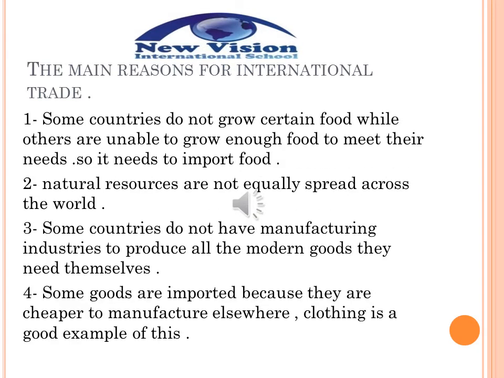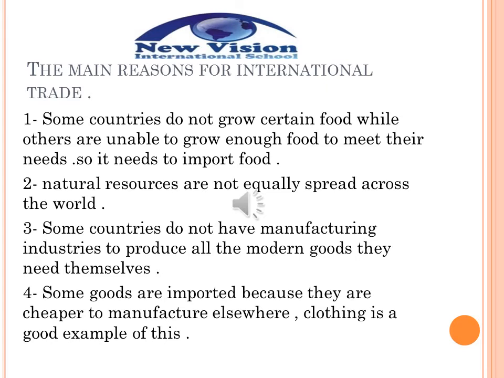In this slide here we have some of the main reasons for international trade. Some countries do not grow certain foods, while others are unable to grow enough food to meet their needs.